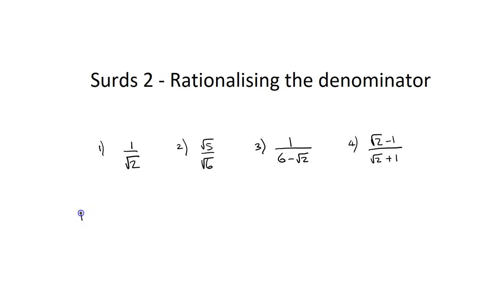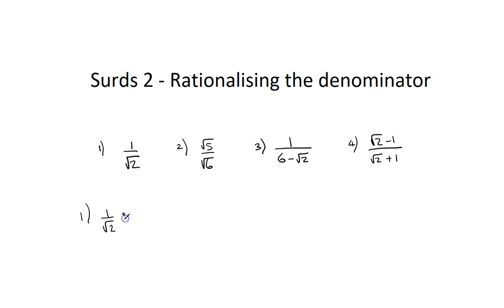The first one, 1 over root 2. Now, if we're going to multiply a fraction by anything, there is only one thing that we can multiply it by that will not change its value, and that is by 1, because 1 times anything does not change the value.